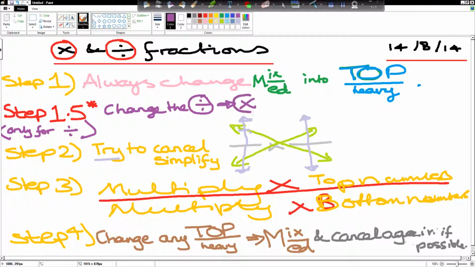What do we change the divide sign into? Times. And we turn the second fraction upside down.